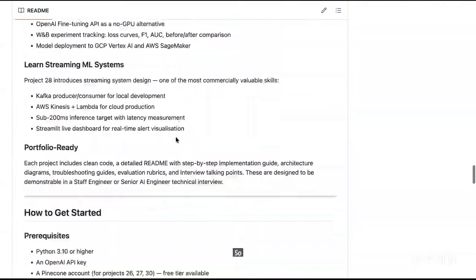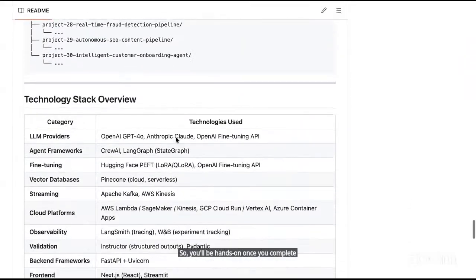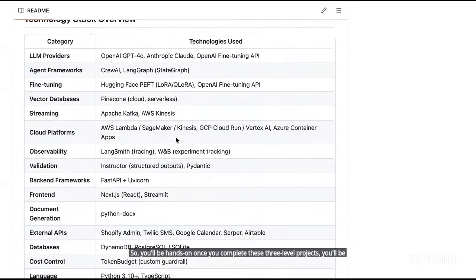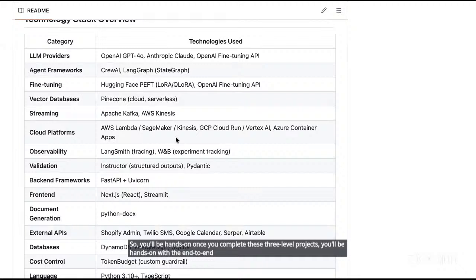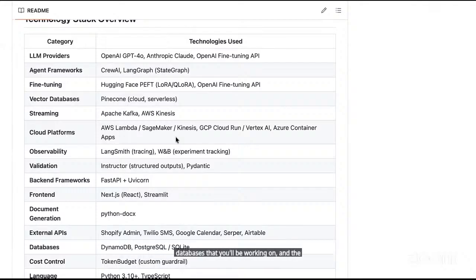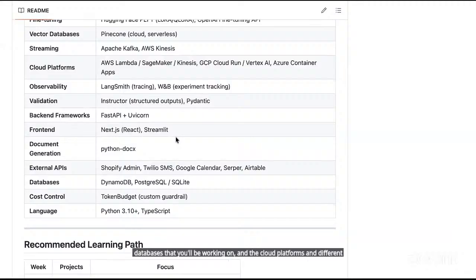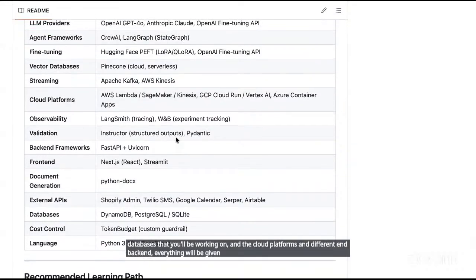Once you complete these 3 level projects, you will be hands-on end-to-end. You'll get a complete idea about how to start and how to deploy them. With the LLM providers, agentic frameworks, fine-tuning, and also the databases that you'll be working on, and the cloud platforms and the front end, back end, everything will be given with the overall idea to start with.